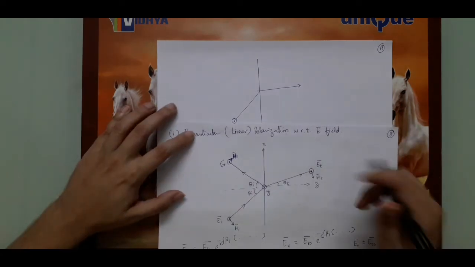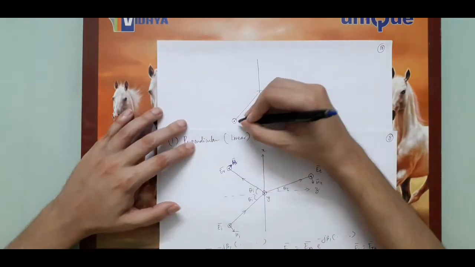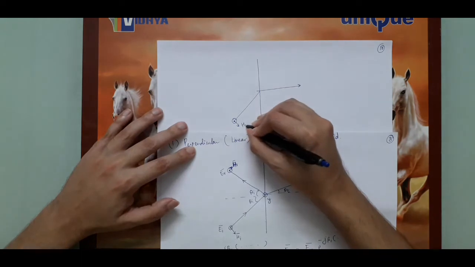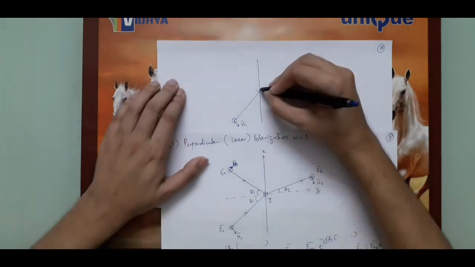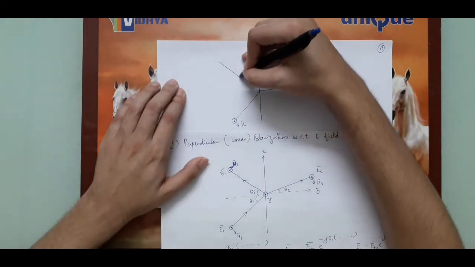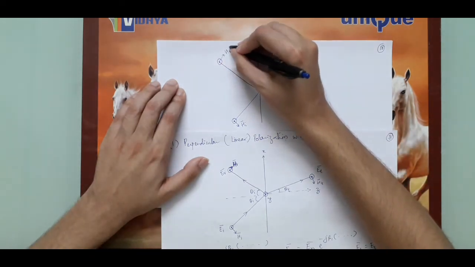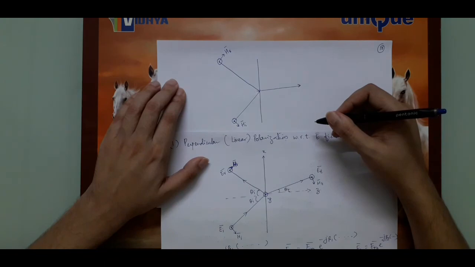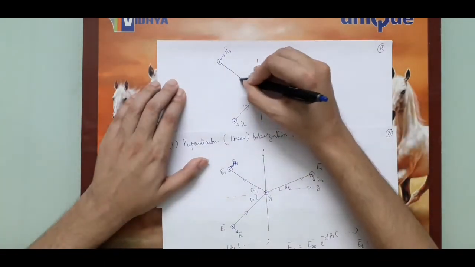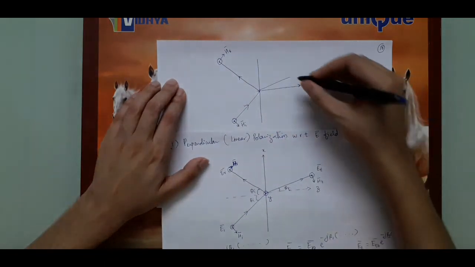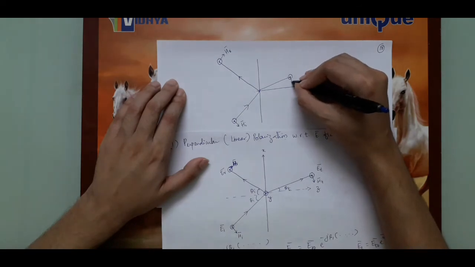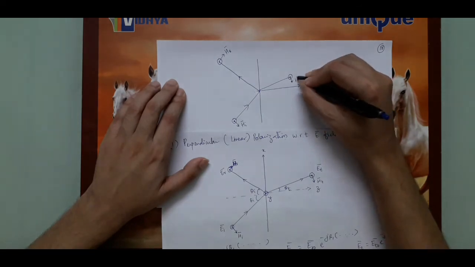Let us redraw this. For the incident wave, Hi was like this. The reflected wave, the HR was like this. This is the incident, reflected, and the transmitted, the HT was like this.